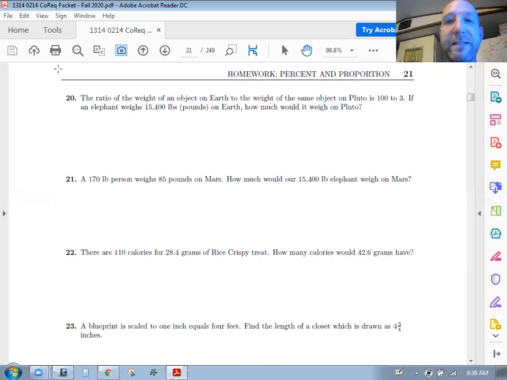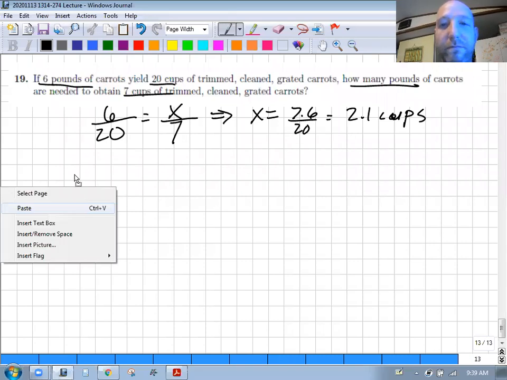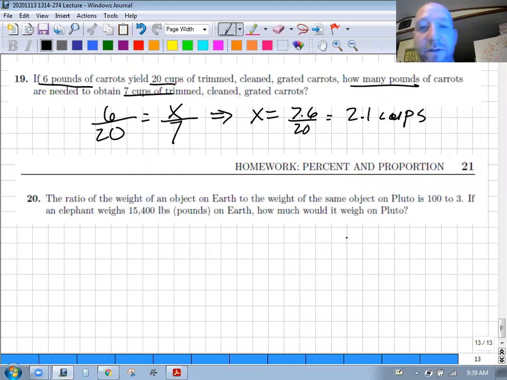All right, let's see. The ratio of the weight of an object on Earth to the weight of the same object on Pluto is 100 to 3.